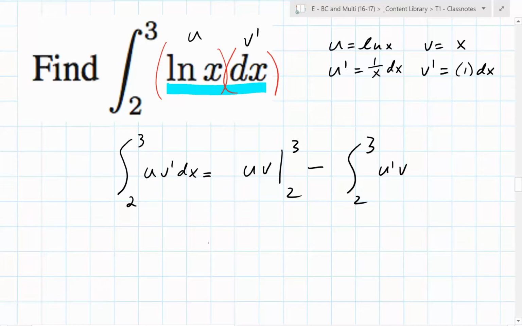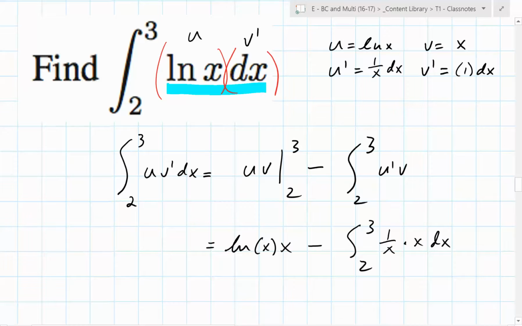So what are those pieces? Let's glue them together. We end up with ln x times x from 2 to 3, minus the integral from 2 to 3 of just dx. Now, why is it just dx? Well, if we actually substitute in right here, we end up with 1 over x times x dx.